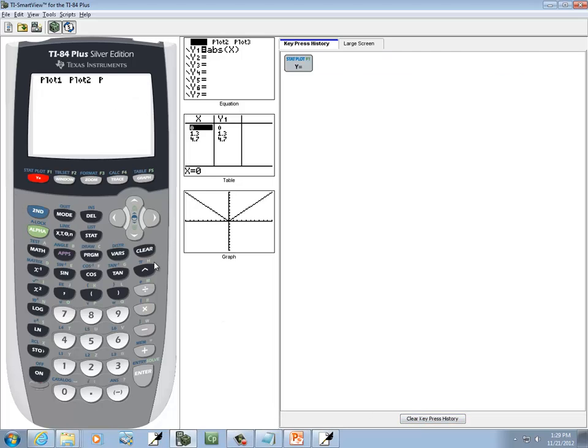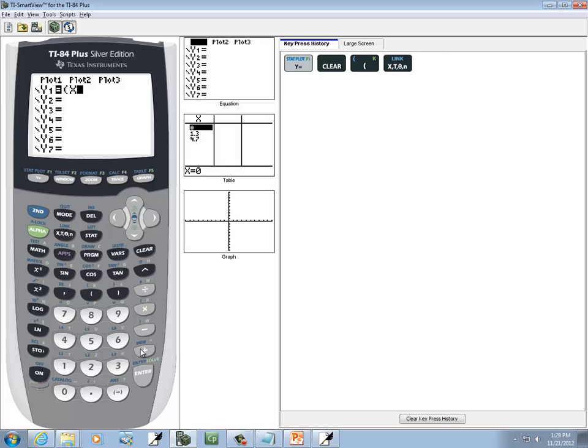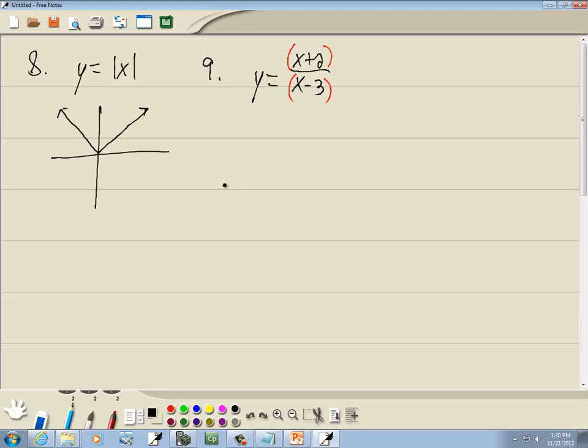So press my y equals, press clear, beginning parentheses, x plus 2, closing parentheses, divided by, beginning parentheses, x minus 3, closing parentheses, and then graph. And this would be your answer.